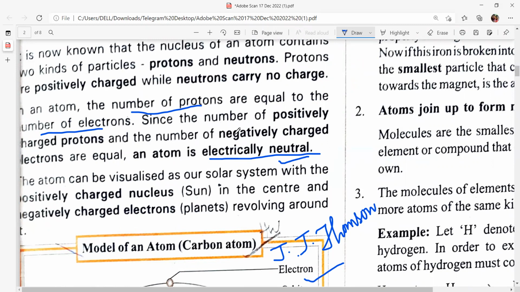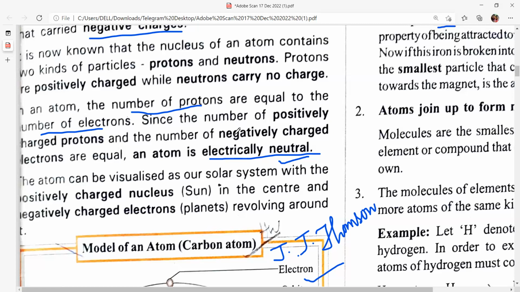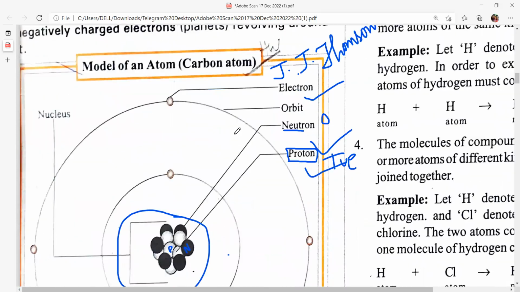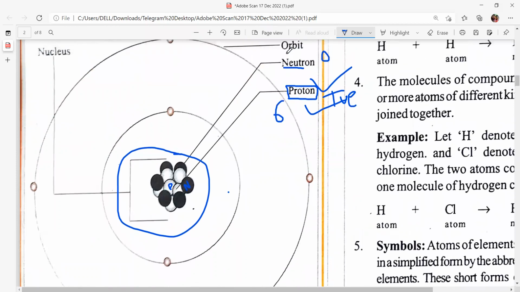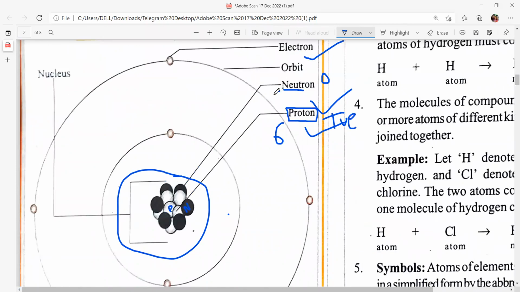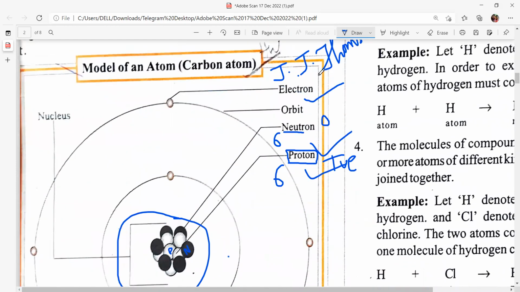And why is the atom electrically neutral? Neutral means zero net charge, because protons are positive charge. Suppose a carbon atom. A carbon atom has 6 protons, 6 neutrons, and 6 electrons.